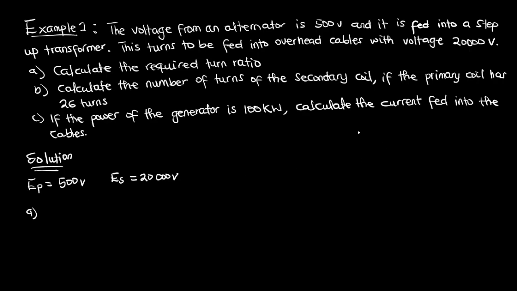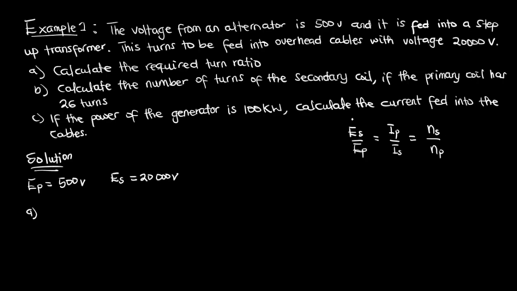So A, we are to calculate the required turn ratio. In our previous video, when we looked at transformers, we said that the ratio of the secondary voltage to the primary voltage is equal to the ratio of the primary current to the secondary current, which is also equal to the number of turns in the secondary coil to the number of turns in the primary coil. This is the expression that we have.